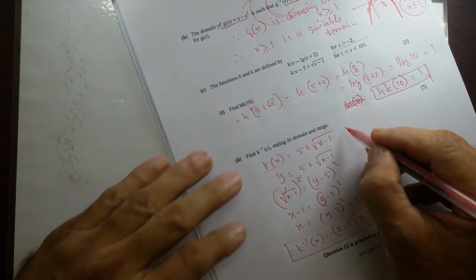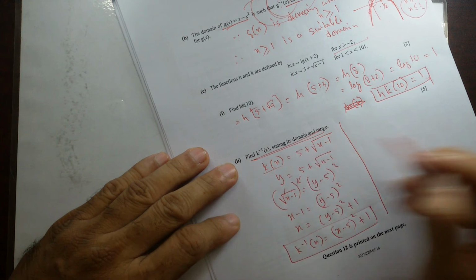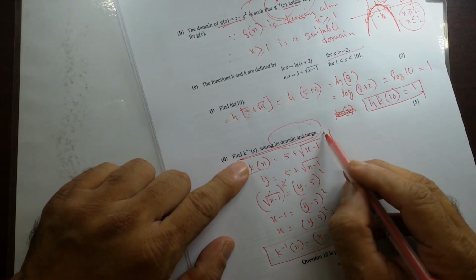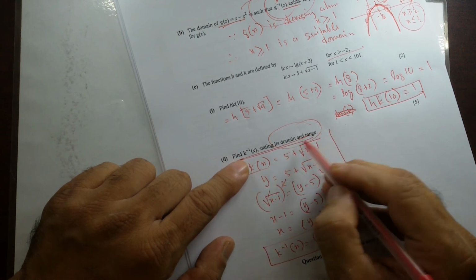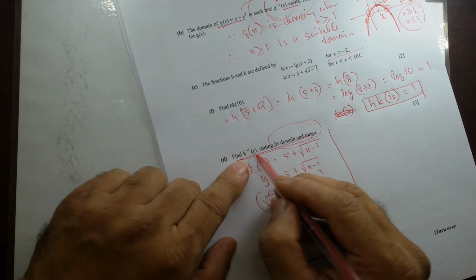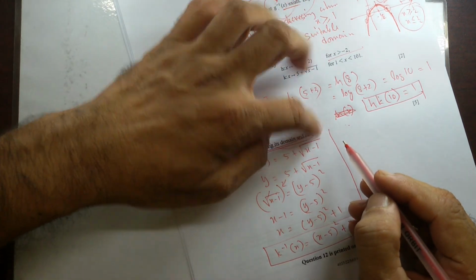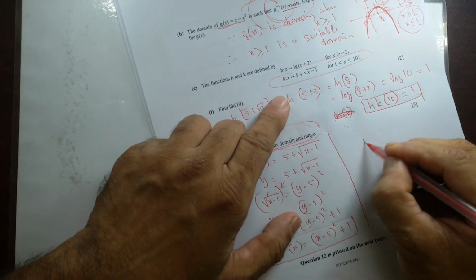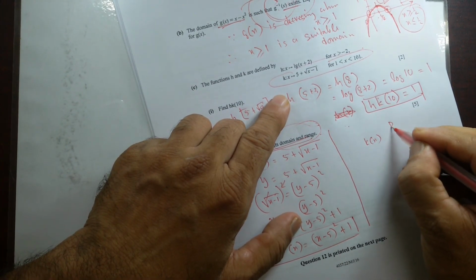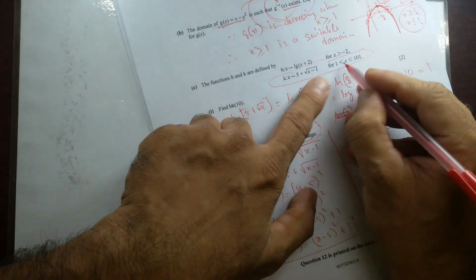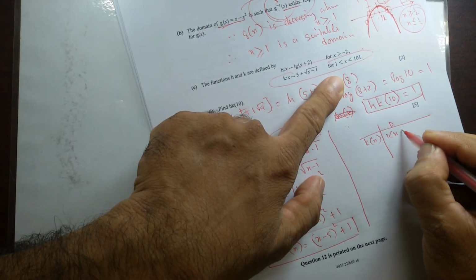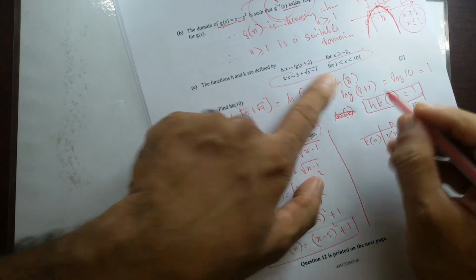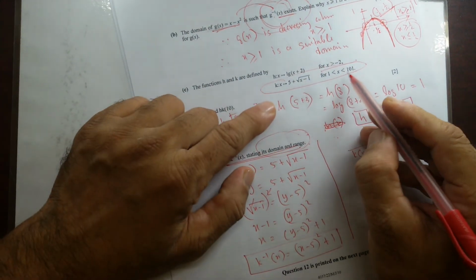Now what we need to do is find its domain and range. You can see that there is no domain given. Even though no domain is given, we have to find the domain and range. Since no information is given, we look at k of x over here. The domain of k of x was x greater than 1 but less than 101, and what was its range?